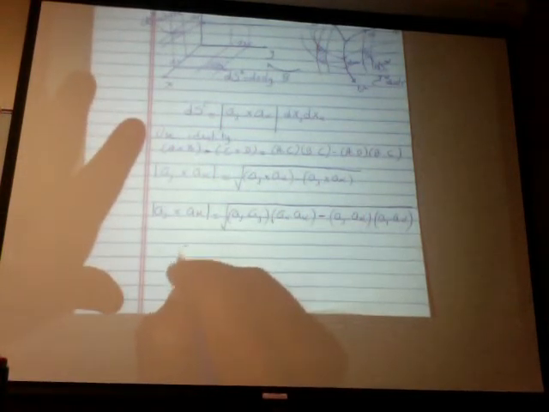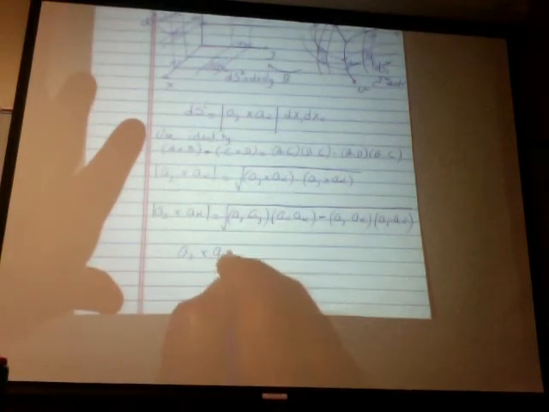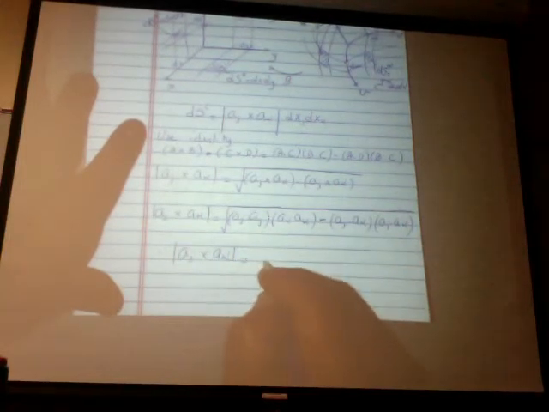Notice that this aj cross ak is that Jacobian.